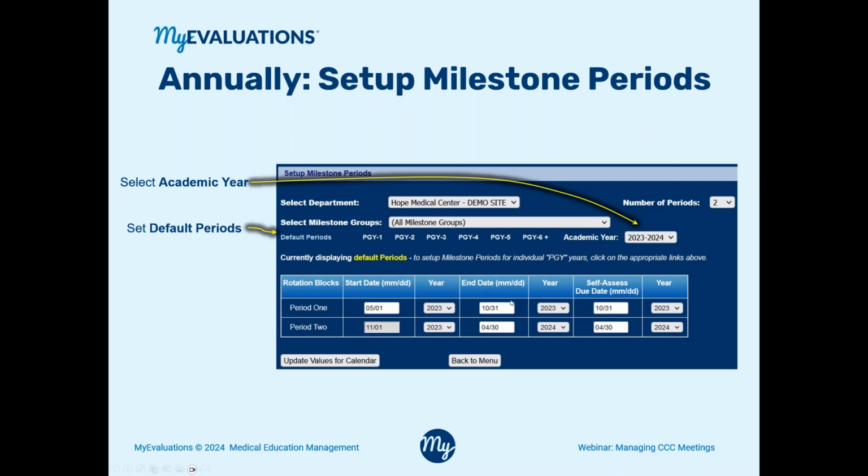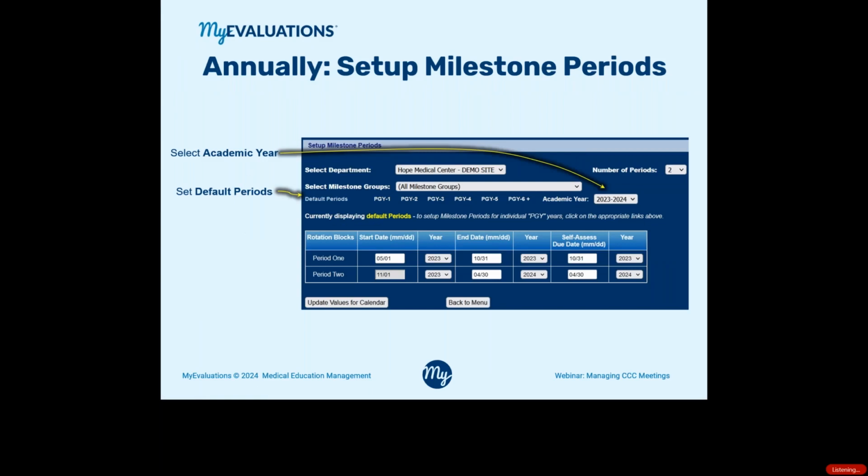In other words, if period 1 is ending October 31st, then the self-assessment due date should be October 31st or sooner. I don't recommend that you set a due date that is later, although you are able to set a later due date. Those due dates are important because the system will send automatic notifications to the residents or to the trainees, letting them know that they have a self-assessment that they have to complete.